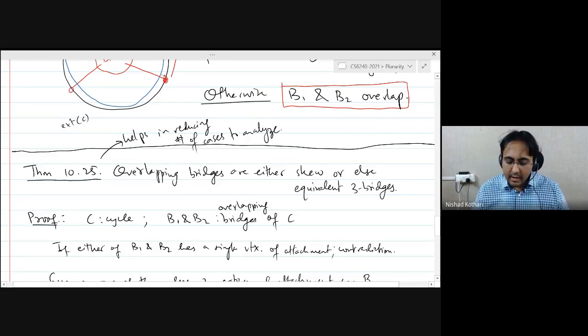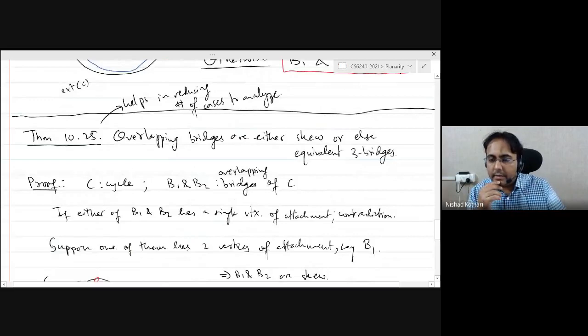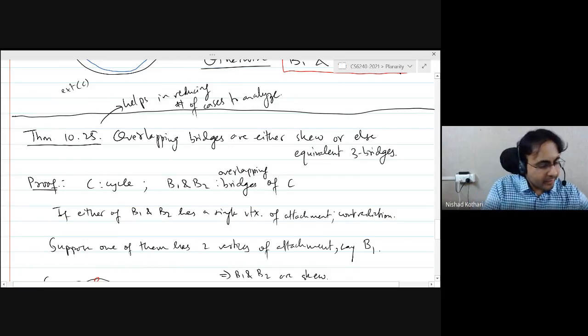Right? Good. Any questions or concerns regarding this theorem? All right. If not, then okay.